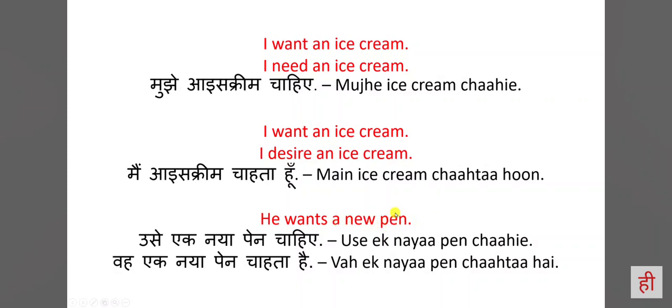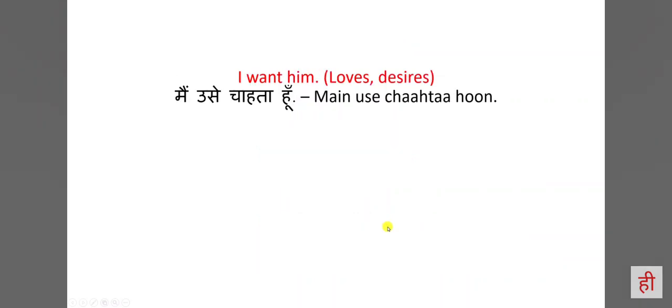Now, if you look at this sentence, we have he as the subject, a new pen as the object. Correct? Pen here is an inanimate object. What if we have an animate object? Meaning, what if you have humans in the place of an object? Like this. I want him. If I want him is translated like this, मैं उसे चाहता हूँ.